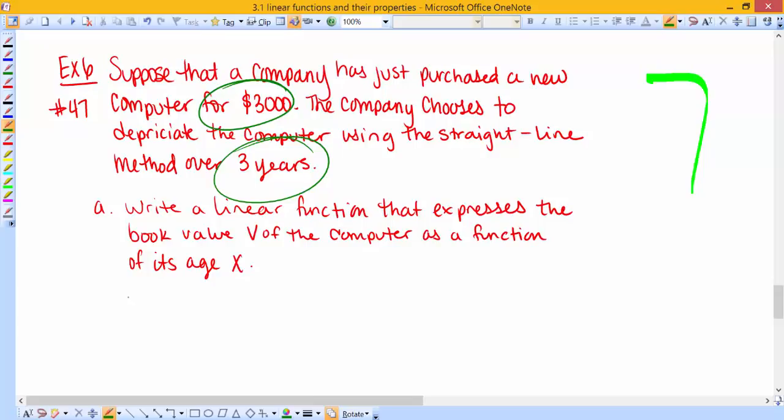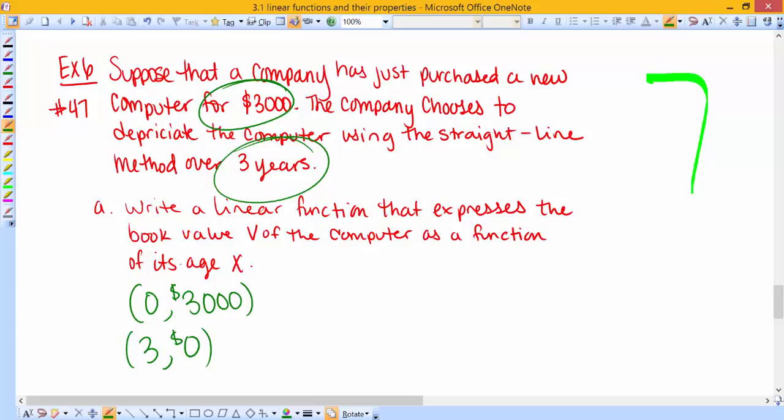So for A, I want to write the linear function that's going to express the value of this computer, depending upon its age. The computer starts, so that's time 0, the computer starts at $3,000. By 3 years, the computer is worth $0.